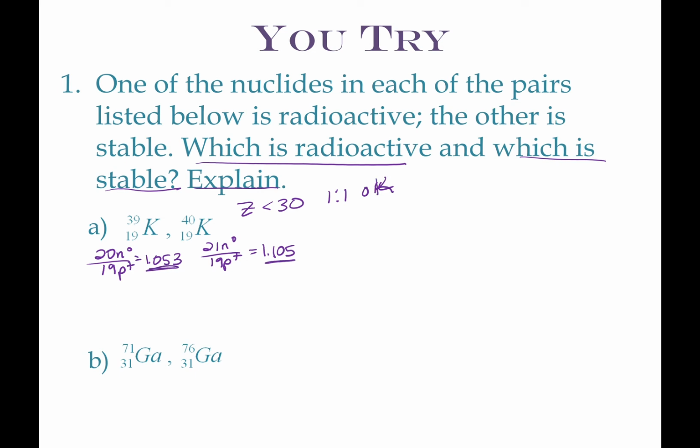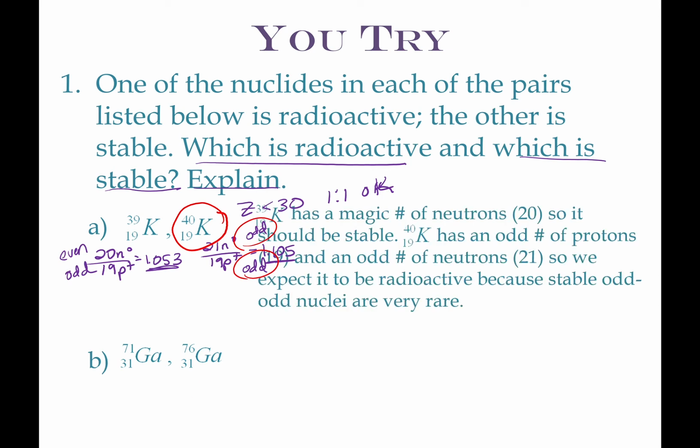So maybe we still don't know yet. Well, we have 20 neutrons, which are even, and 19 protons, which are odd, and 21 neutrons, which are odd, and 19 protons, which are odd. So if I had to guess which of these was going to be radioactive, I would say this one because it has an odd to odd combination.